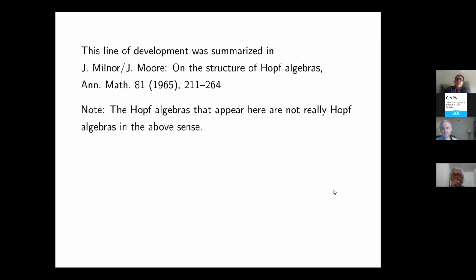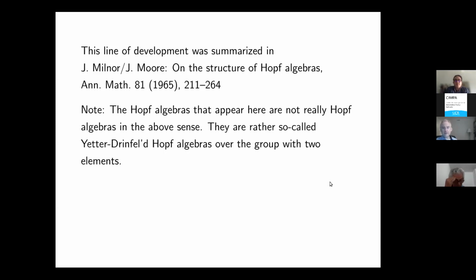And there's one thing that should be emphasized here. The Hopf algebras that we encounter here are not 100% precisely Hopf algebras in the sense that I have discussed before. Rather, in the new terminology, they are Yetter-Drinfeld Hopf algebras over the group with two elements.